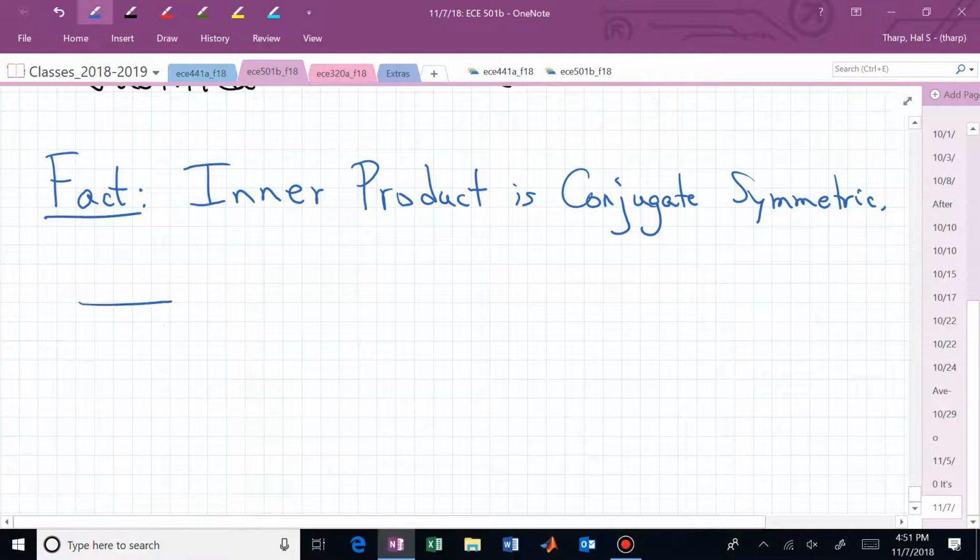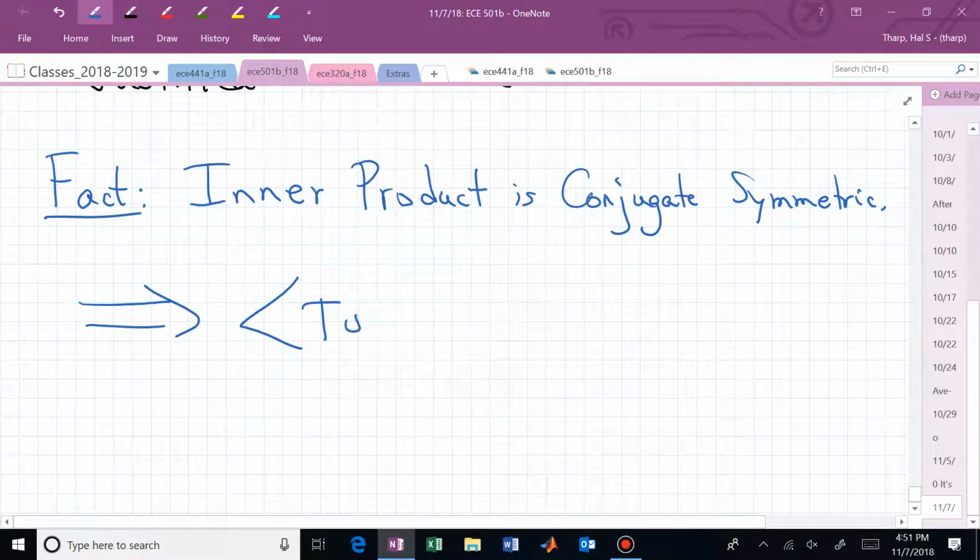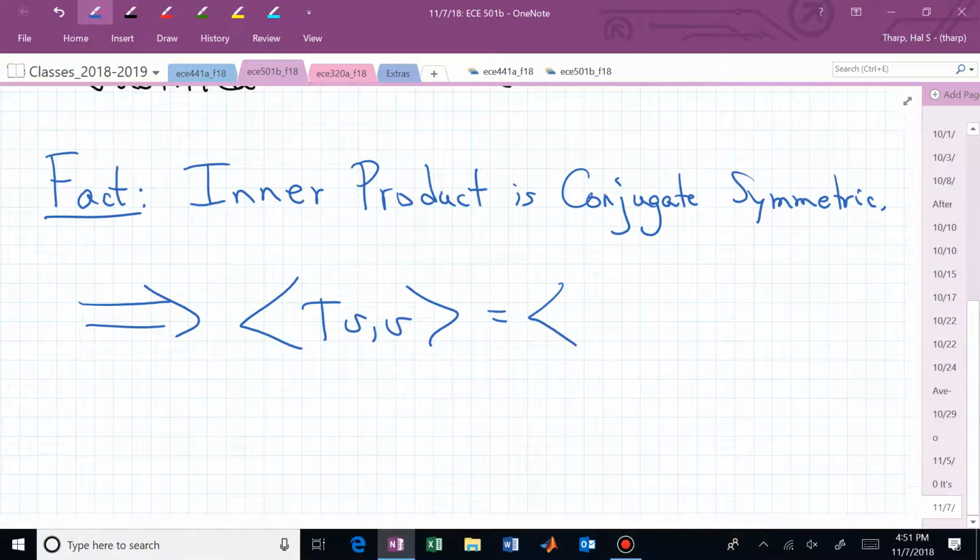So the inner product is conjugate symmetric. That means that if I have the inner product of TV and V, that's equal to, and now you're going to be upset, but I'm going to switch my notation just for this justification. I'm going to use an overbar for complex conjugate instead of starring, because I'm not very good with stars.